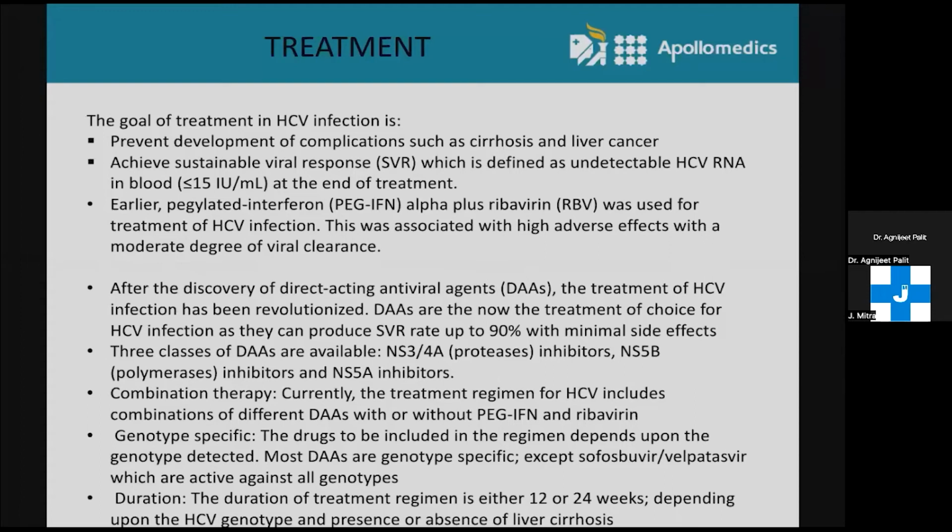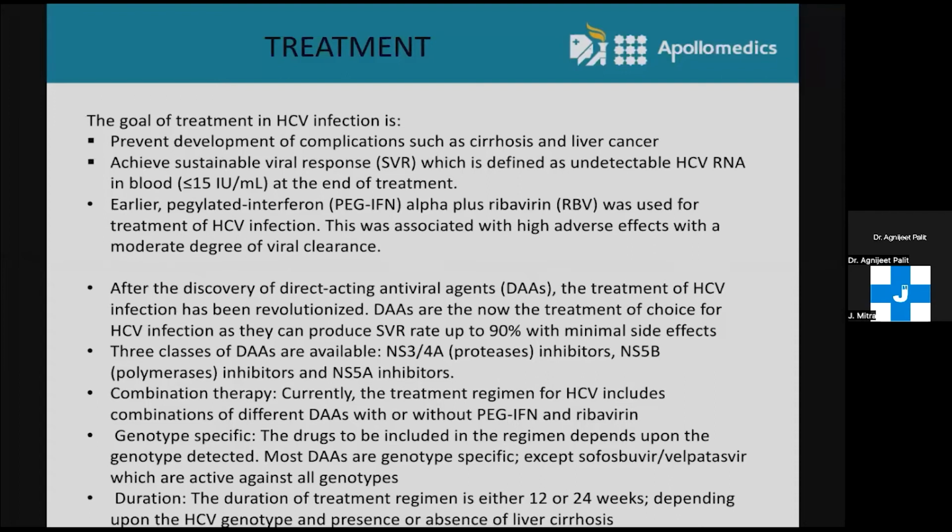The treatment regimen for HCV currently uses a combination of different DAAs with or without pegylated interferon and ribavirin. Earlier, all drugs used to be genotype specific, but now we have pan-genotype drugs also, which can be used in all genotypes.